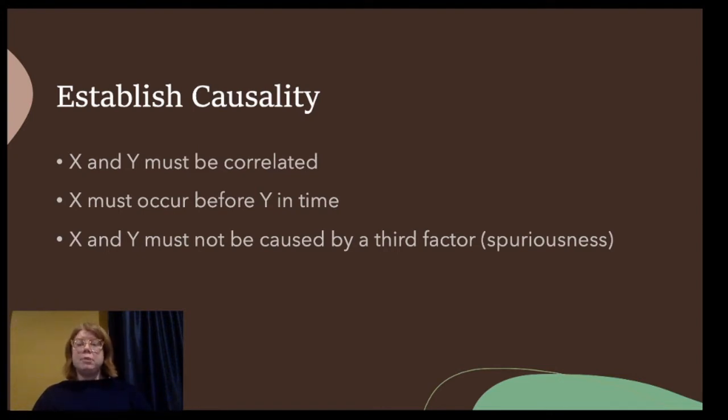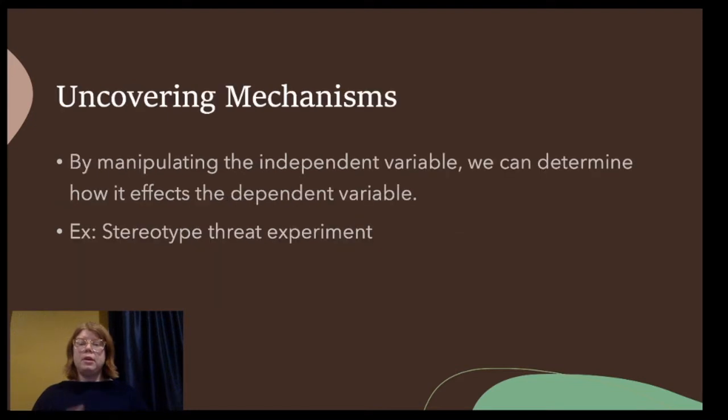I'll give you an example in a moment. Experiments can allow us to uncover mechanisms of how things work. So by manipulating the independent variable, we can often determine how it affects the dependent variable.